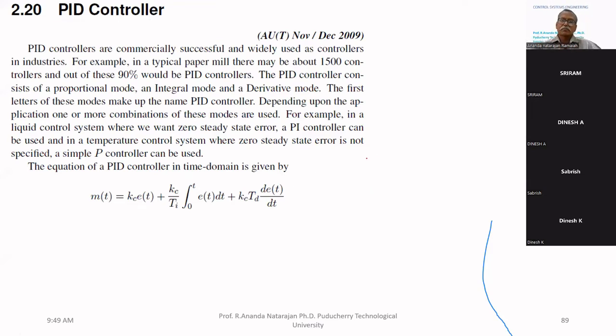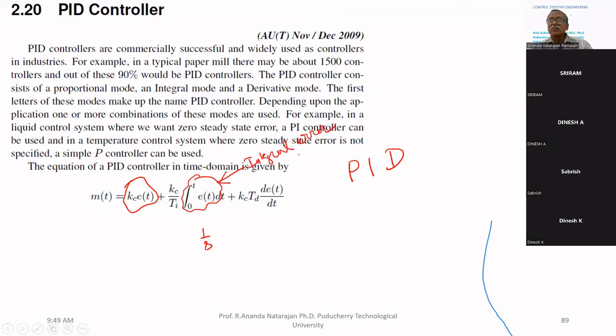PID controller. If we combine all three compensations, then it is called the PID controller. This is proportional compensation: the error is multiplied by Kc. This is 1 by S compensation, where the error is integrated, that is integral error compensation. PID controller means a combination of proportional compensation, integral error compensation and derivative error compensation.